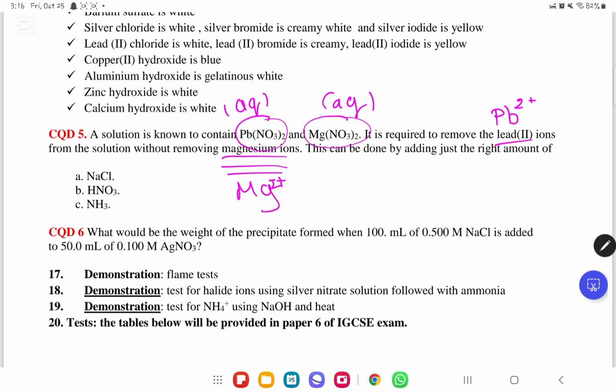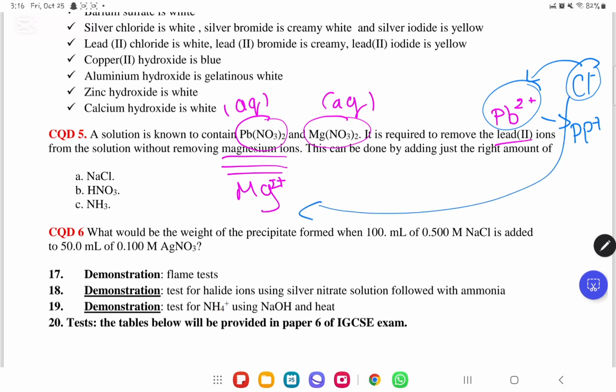Very simply. We know that what if you react it with the Pb2+ will form a precipitate. The only thing we know that reacts with Pb2+ to form a precipitate is Cl-. So Cl-, it reacts with Pb2+, okay, it forms what? A white precipitate, okay? But however, if Cl- reacts with Mg2+, does it form a precipitate or it's soluble?